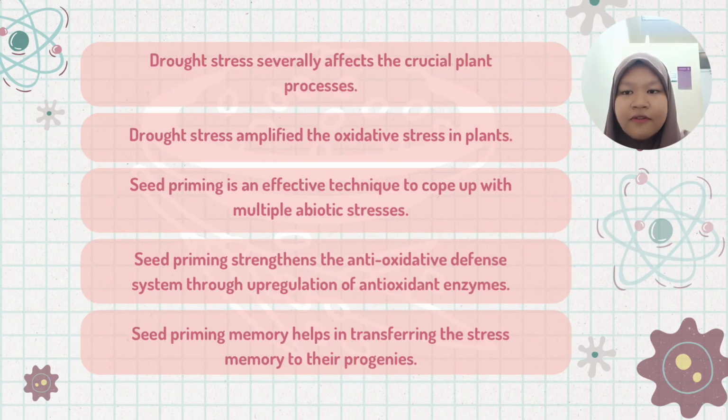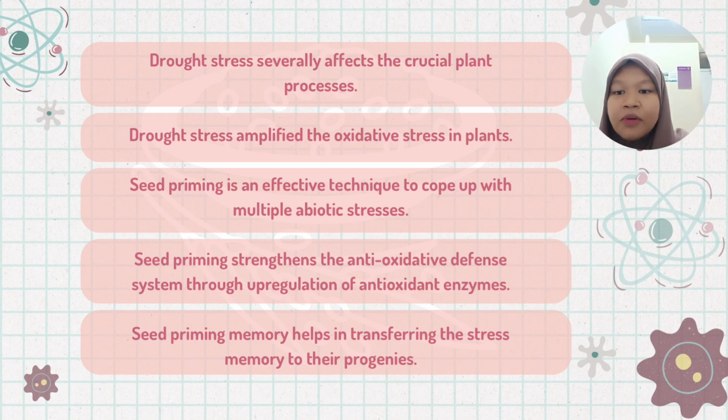Drought stress severely affects crucial plant processes. Drought stress amplifies the oxidative stress in plants. Seed priming is an effective technique to cope with multiple abiotic stresses. Seed priming strengthens the antioxidative defense system through upregulation of antioxidant enzymes.